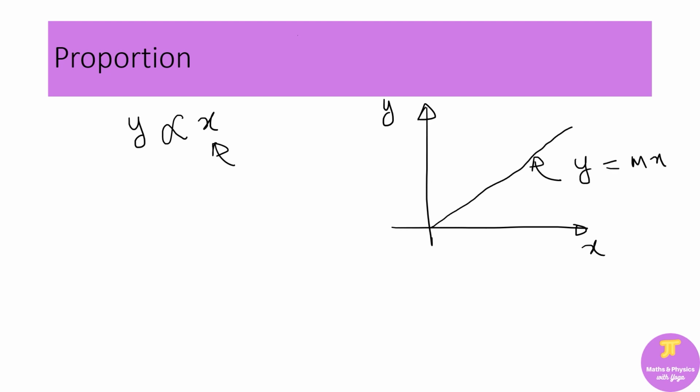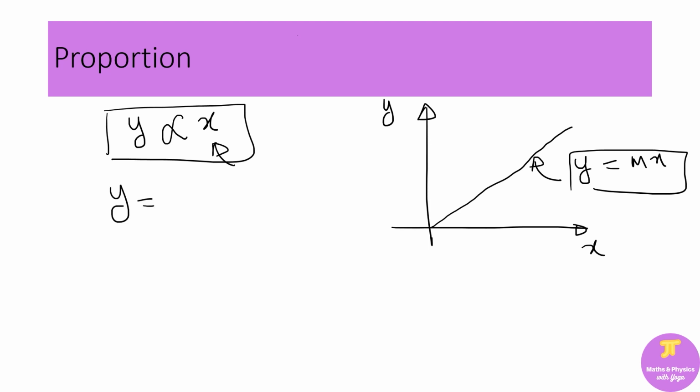Actually, instead of m here we will use a constant k. So y is equal to kx. This is how you convert a proportionality into an equation.